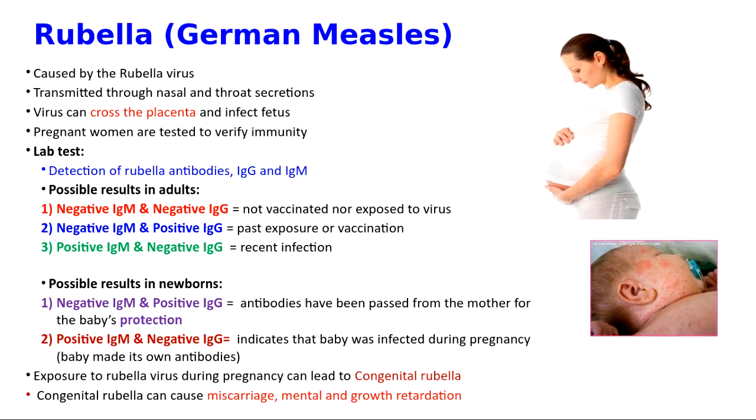The mother may just feel a little under the weather, but if she's getting rubella, then if that virus crosses the placenta during fetal development, it can cause a lot of problems. It can cause what is known as congenital rubella, and it can lead to mental retardation, growth retardation, or even can cause a miscarriage. So it can be a nasty infection to get during pregnancies.